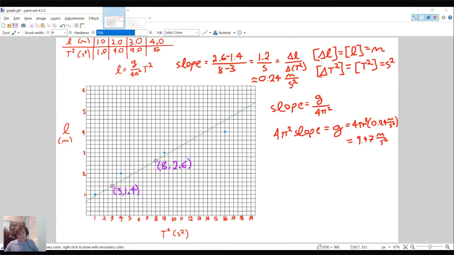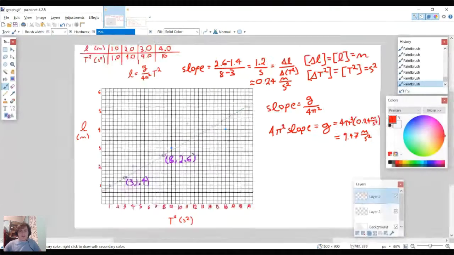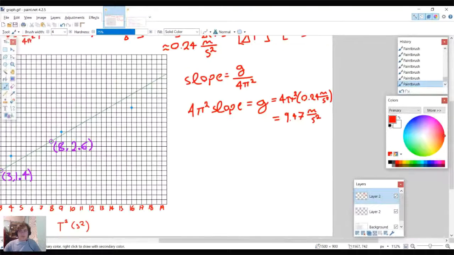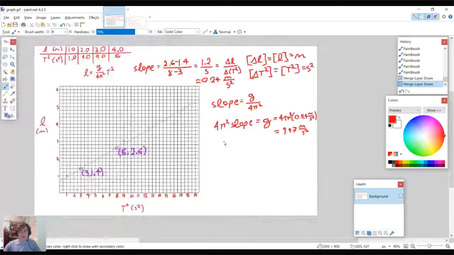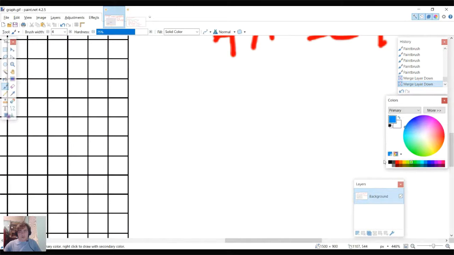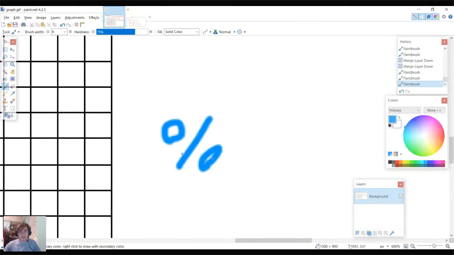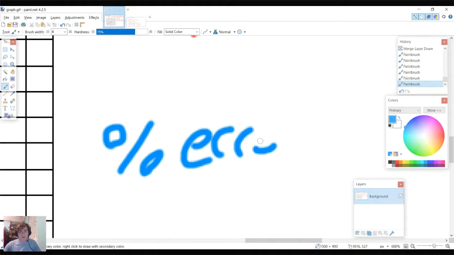So what's the next thing? We have to calculate the percent error of our value. I'll merge the layers so this looks a little more right. The percent error, we'll do that calculation out here. This is a formula you have to memorize, not on your equation sheet.